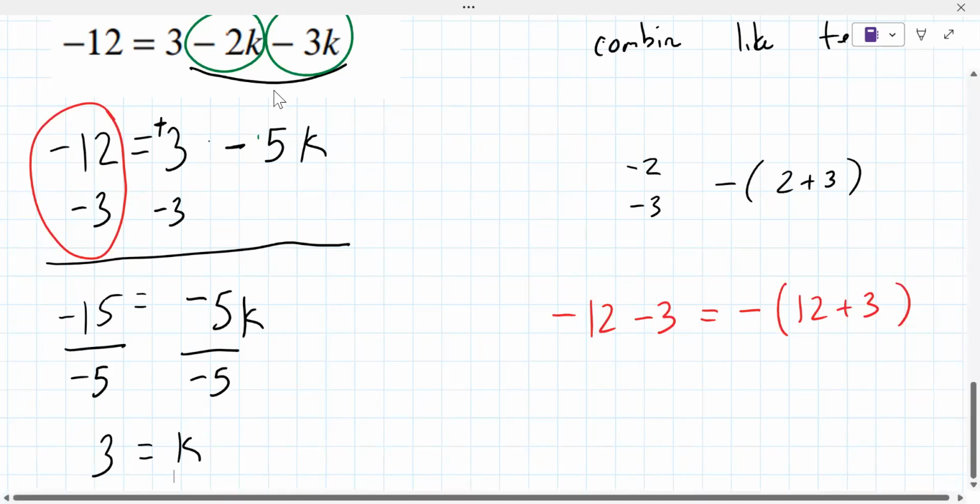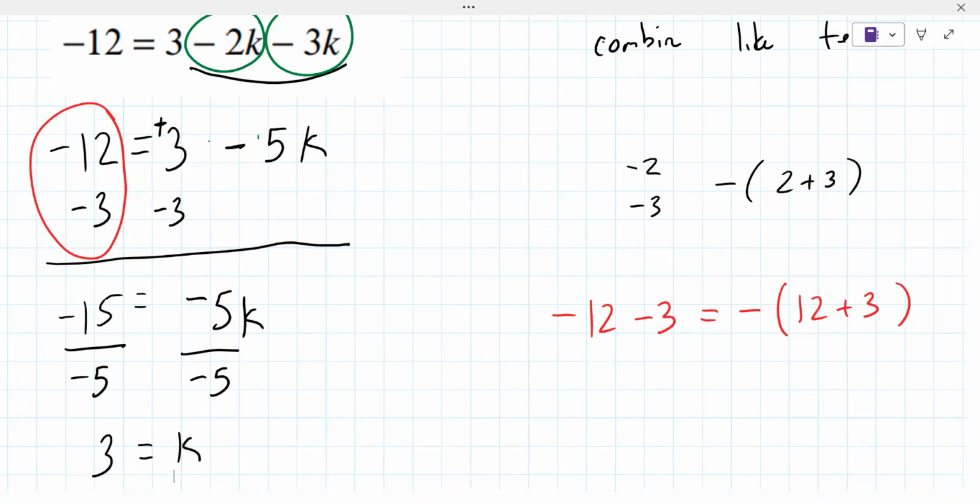All right, so there's a lot of other problems to do. I don't want to focus too much on just that type because there's a variety of problems. Okay. So would it be -3 equals k? Or just 3 equals k?